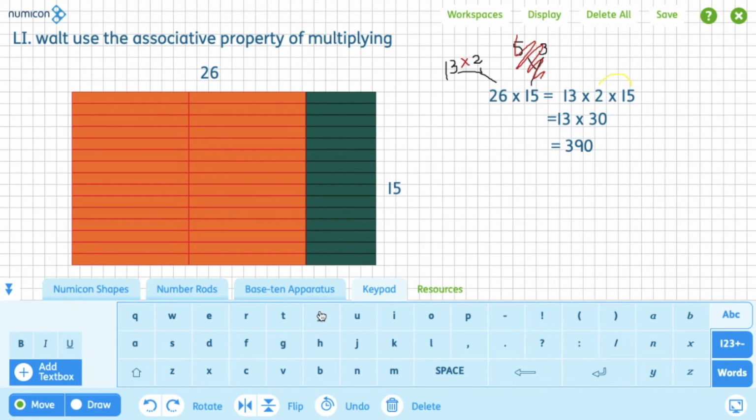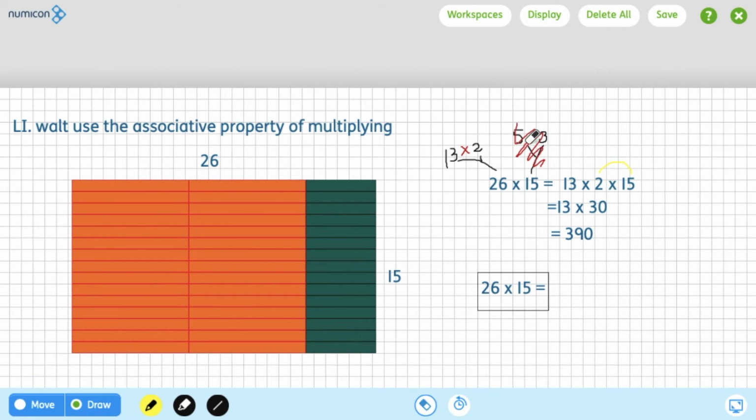So we could have done 26 times 15 equals, and we could have chosen something else. So maybe you, when I was doing this, you were looking at 5 and 3 and going like, ooh, I like 5. I'd like to keep 5. So if we put them back here.